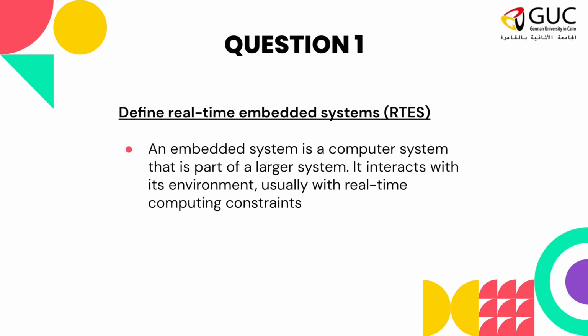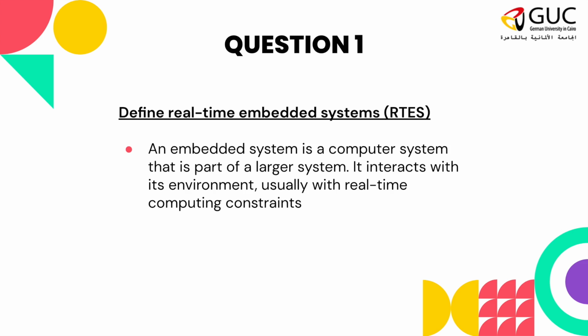For example, we have a car. A car contains multiple embedded systems. All of these embedded systems form the overall large car system. Okay, it interacts with its environment. As we all know, interacting with the environment means it takes input from sensors and responds by outputting some data using actuators.